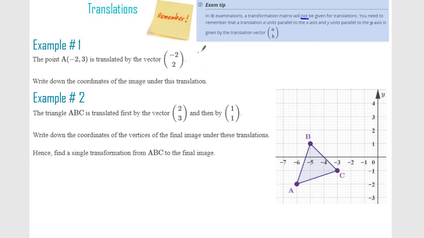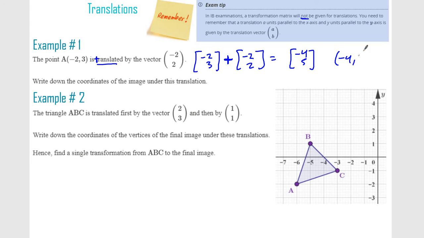If we were changing the point -2, 3 through a translation, we're going to add. So -2, 2. My new one is going to be -4, 5. You'd write it as a point, because it asks for the coordinates.